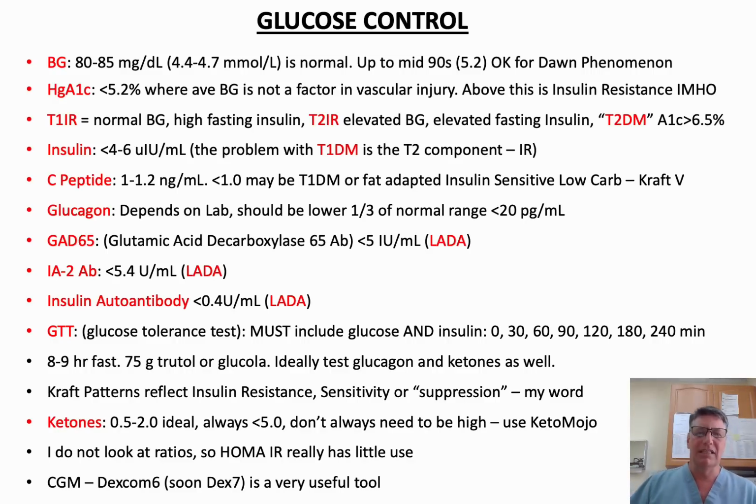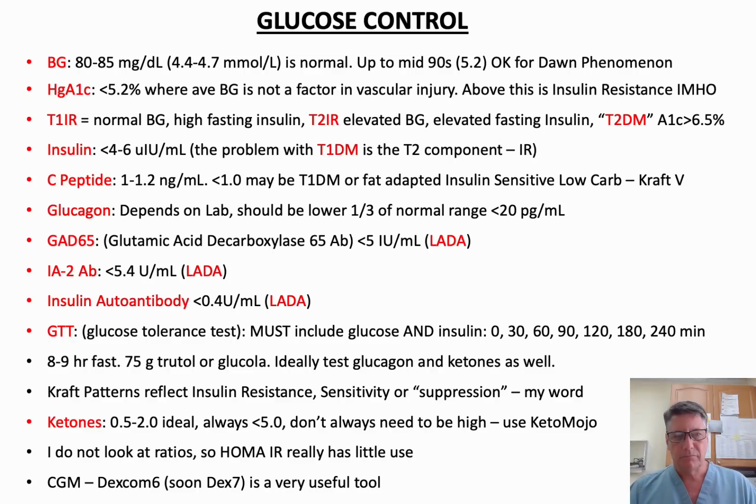And an A1C at or below 5.2 is the point where the average blood sugar is no longer a factor in vascular injury. Above this, in my opinion, you begin to see insulin resistance, and you begin to see measurable elements of vascular resistance. So that is a radical shift down in terms of what a normal A1C is.